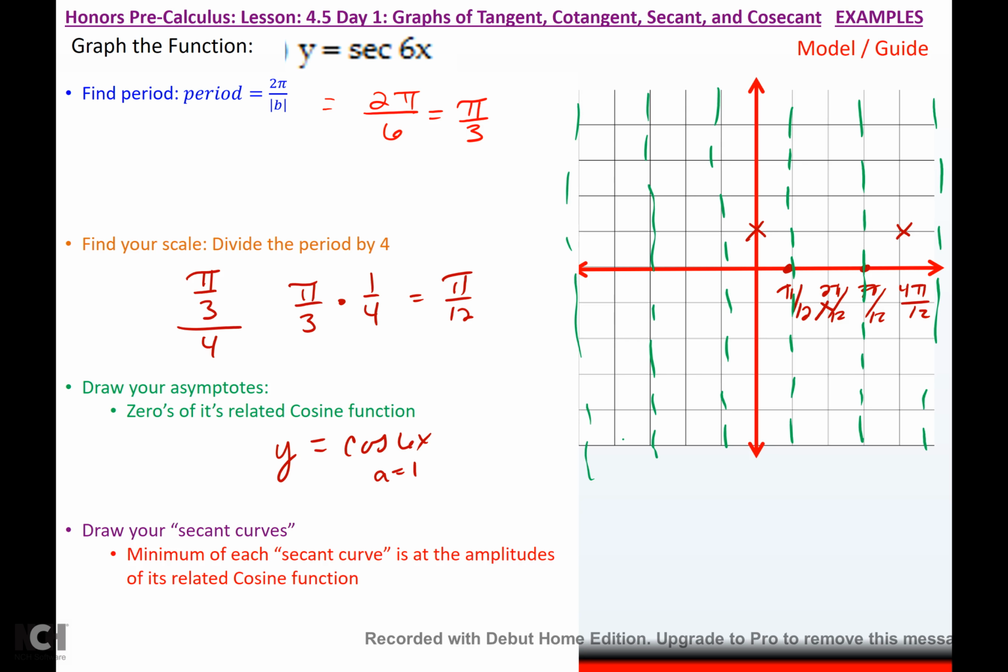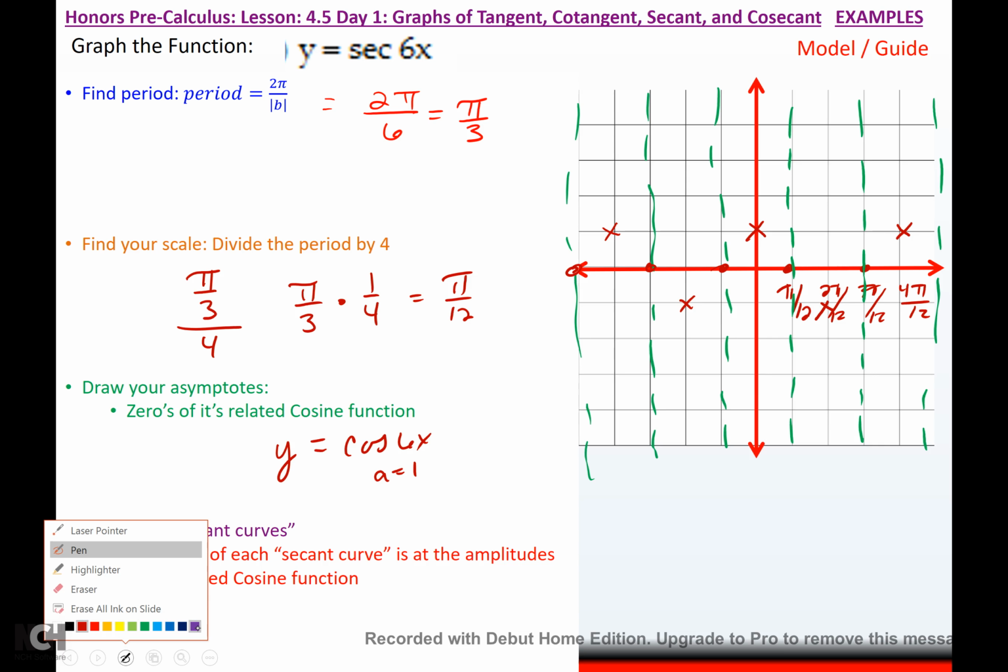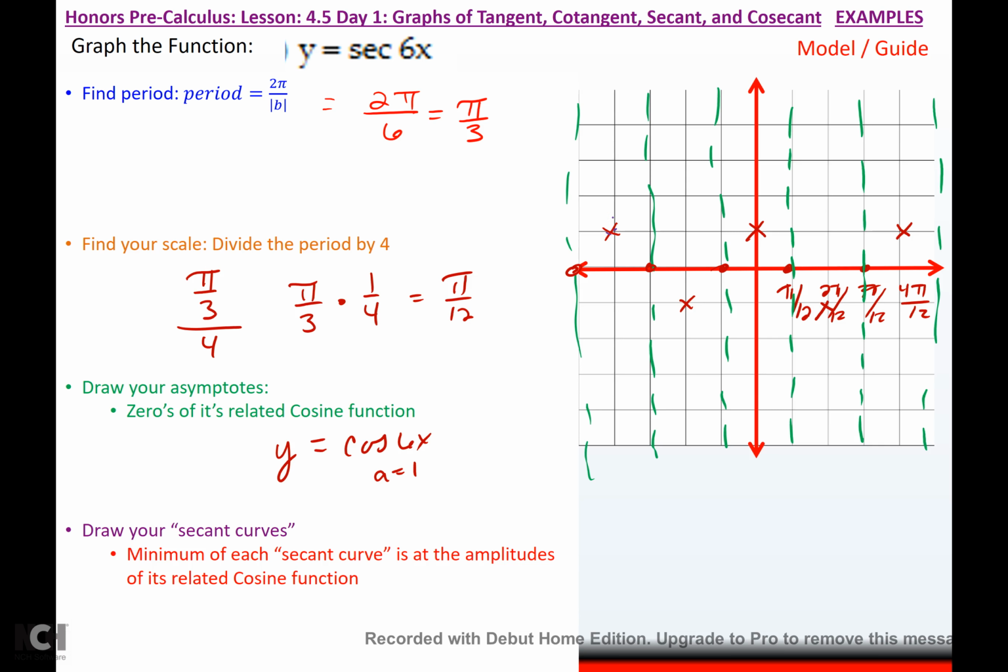Okay, and then at your amplitudes, I'm going to keep going this way. This would be 0, amplitude, 0, amplitude, 0. At your amplitudes, then you draw your secant curves. And your secant curves look like little parabolas at the vertex of the amplitudes.